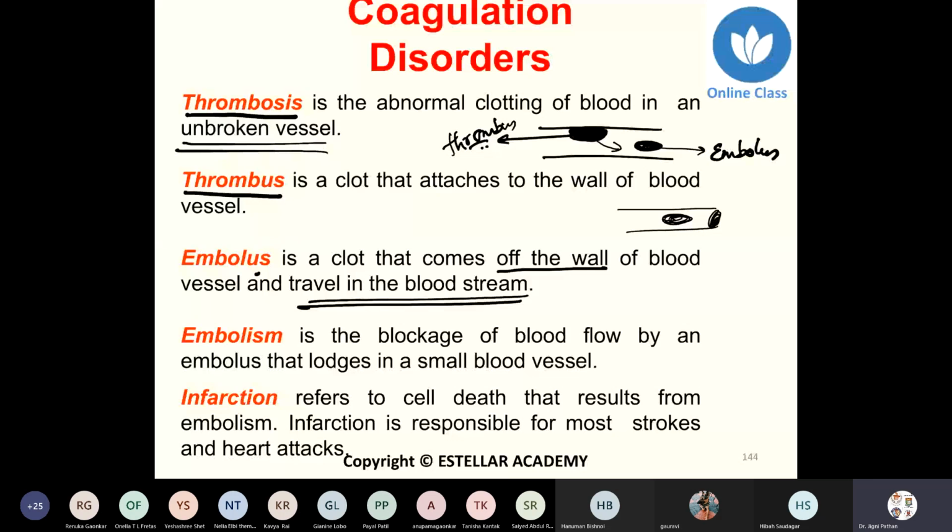That condition is called embolism, a blockage of blood flow by an embolus that lodges in the small blood vessels. Infarction, as we have studied, refers to cell death that results because here there's a block, so the cells surrounding this area are dead. Infarction is responsible for stroke and heart attack.